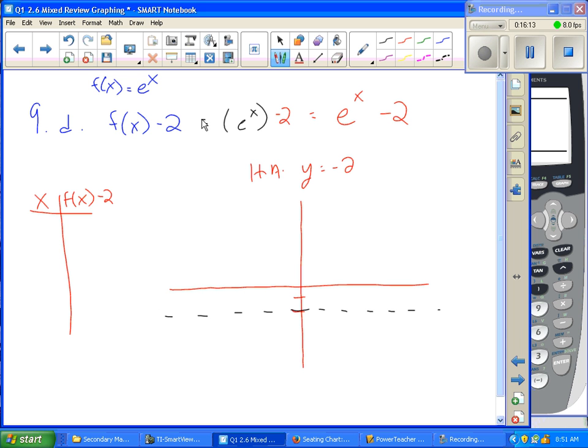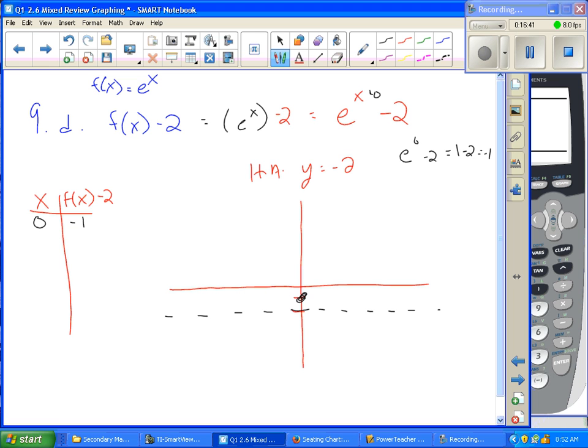And then the first x value I want to pick for my table is the opposite of the h, but there was nothing up there with the x, so it's just going to be 0. So plugging that in, I get e to the 0 minus 2. E to the 0 is just 1, so I get 1 minus 2, which is -1. So 0, -1 would be there.